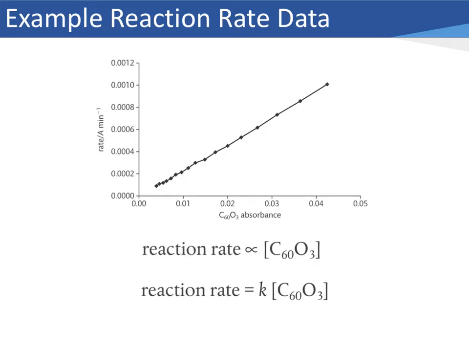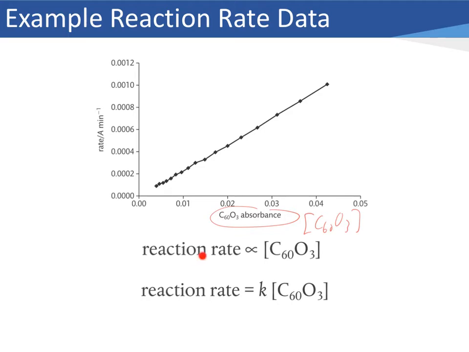If I look at the absorbance versus rate, recall that absorbance is the equivalent of concentration of that C60O3 molecule. So the higher the absorbance, the higher the concentration, and at higher absorbances there was a faster rate. This verifies the idea that absorbance can measure rate.